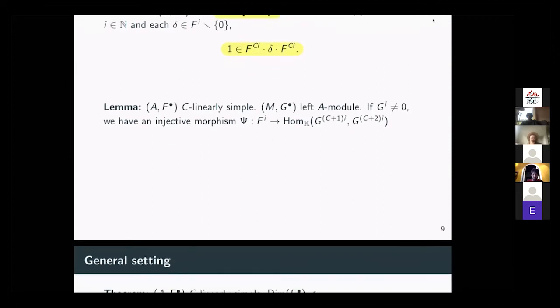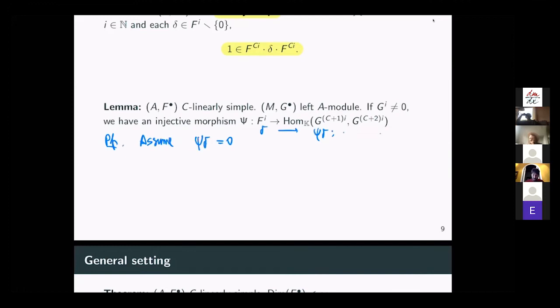Recall that we had such a morphism. Okay, and to prove this, assume that this morphism is not injective. This is the key point that I mentioned before. So assume that we have that the sum of this is 0. So we had from delta to this psi delta that goes from here to here.